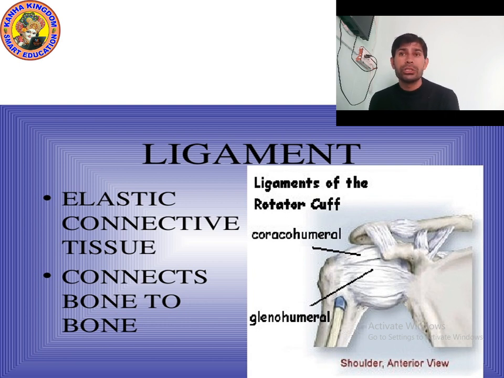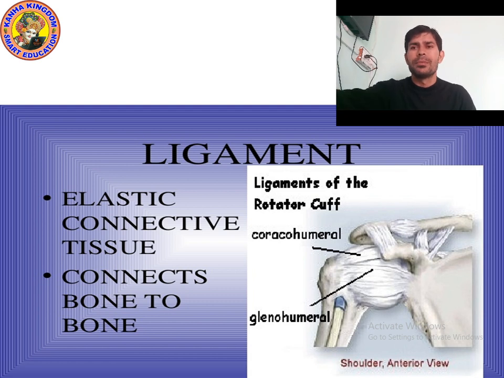Ligament joins one bone to another bone. Tendon joins muscle to bone, for better body movement. I hope you understood. Now let's move on to the next point.